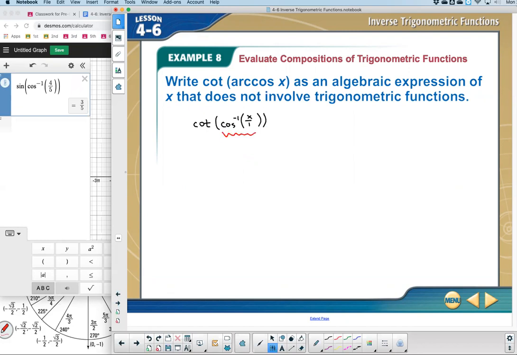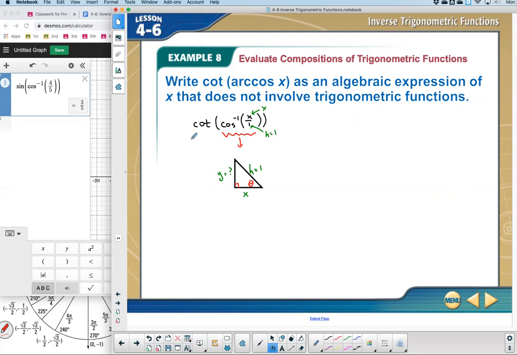So here's what I'm going to do first. I'm going to start with my triangle. If I have cosine, this value represents the x, so that's my x, and this is my hypotenuse. My hypotenuse is 1, so h equals 1. We don't know y, but I do know this is a right triangle, and this theta is what we're going to end up plugging into cotangent.